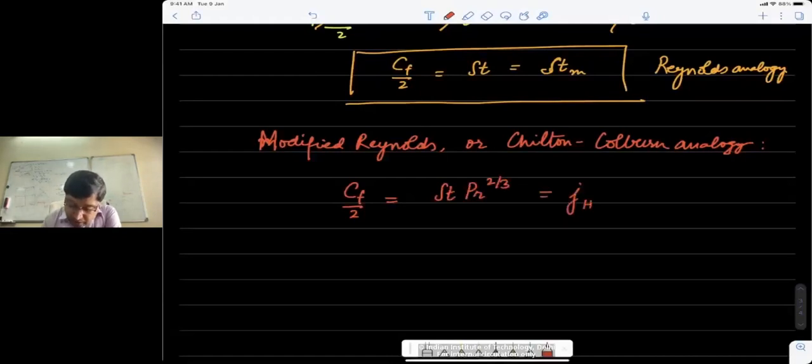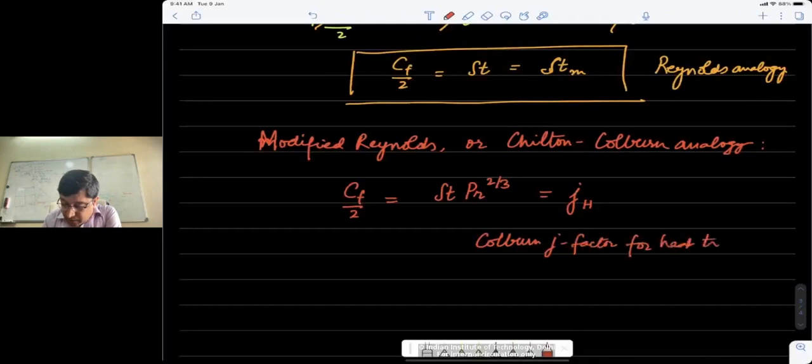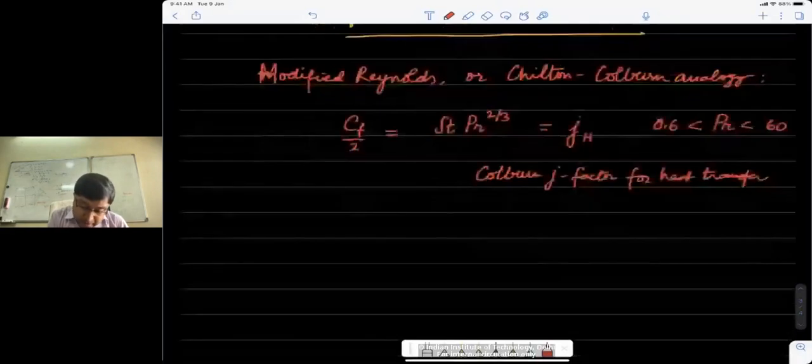So JH is called the Colburn J factor for heat transfer, and they found this kind of analogy is applicable for a range of Prandtl numbers. So it goes from 0.6 to 60 now. Instead of just Prandtl equal to 1, they could make it applicable for a large range of Prandtl numbers.